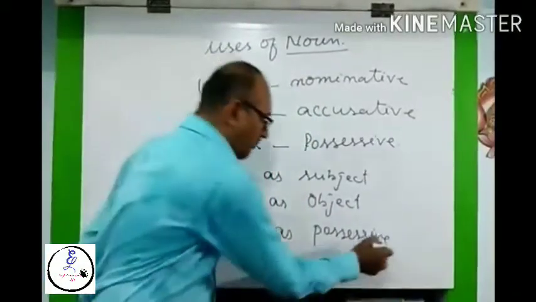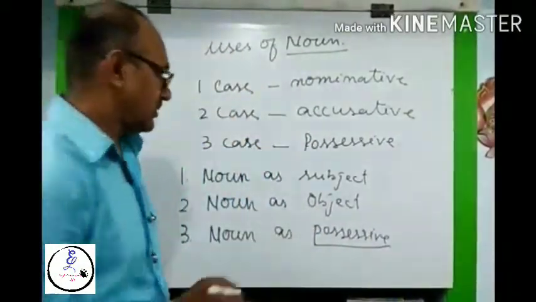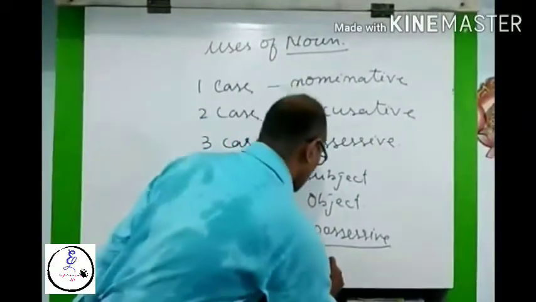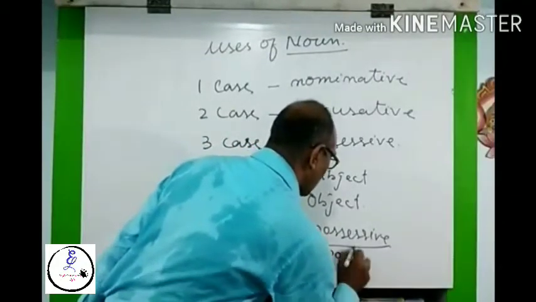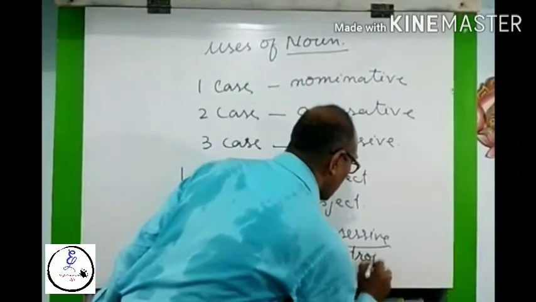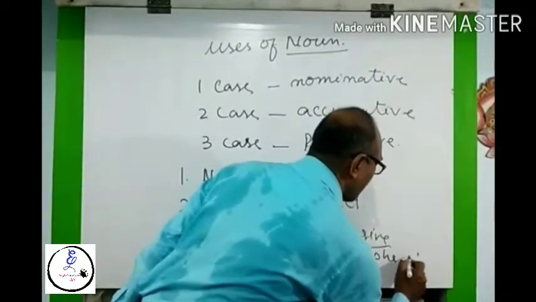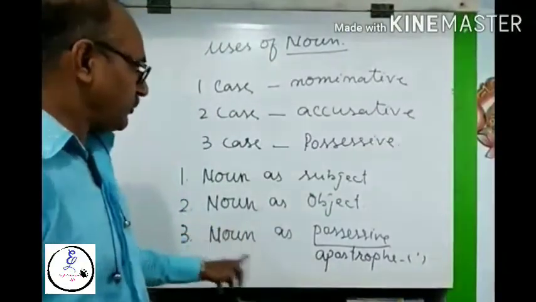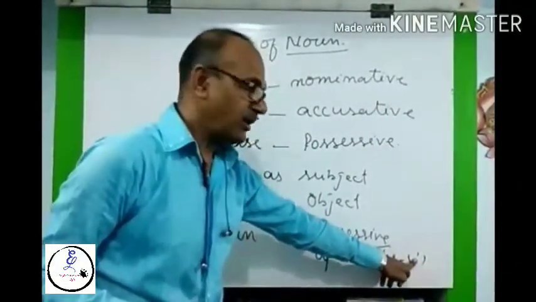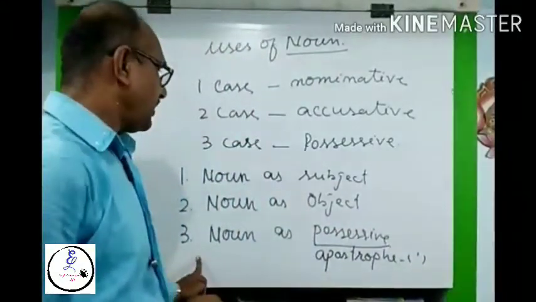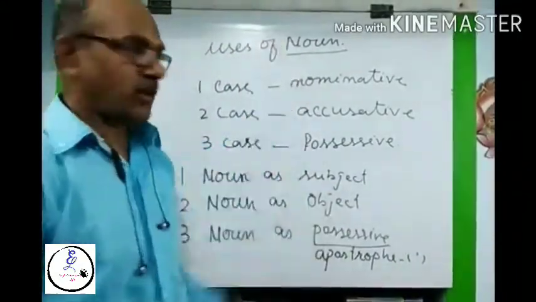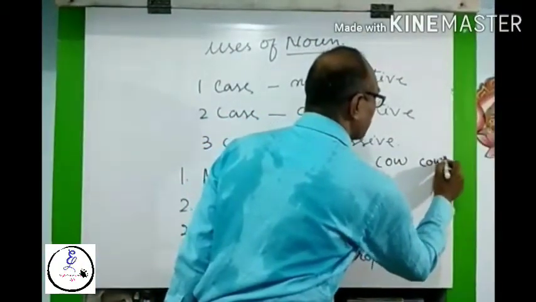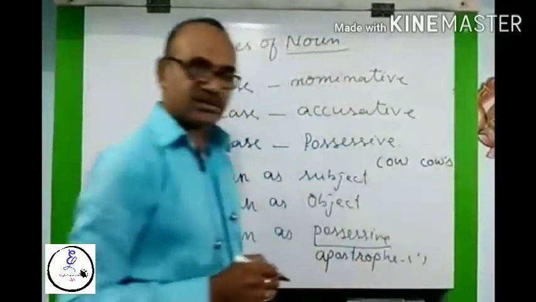The possessive form of a noun is made with an apostrophe. When you put apostrophe s, that will be the possessive form of the noun, like cow, cow's.